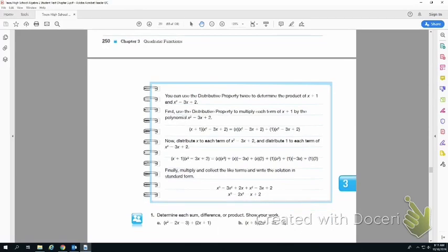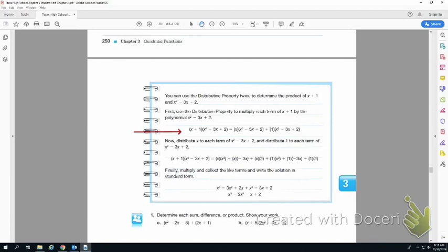Going to the next page, you can multiply polynomials. The way I would do this, looking right here, is FOIL just taken to that next degree.